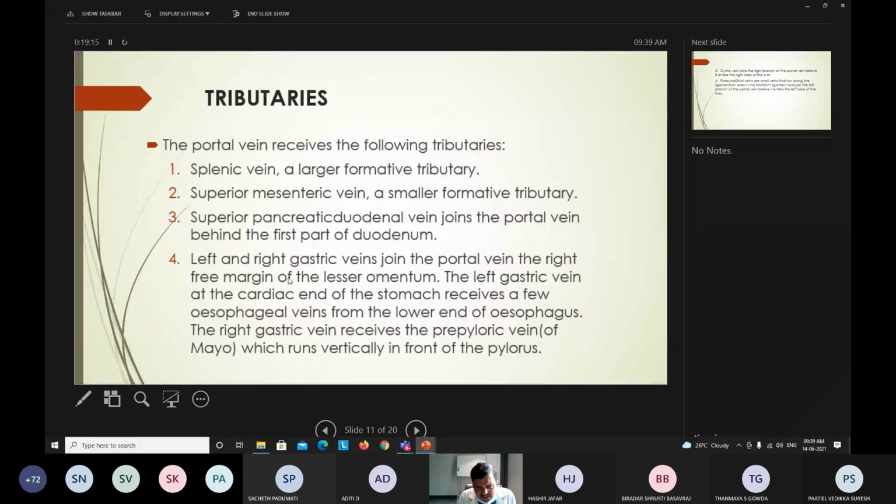The right gastric vein drains the venous blood from the pyloric part of the stomach, along with the prepyloric vein of Mayo, which runs vertically in front of the pylorus.